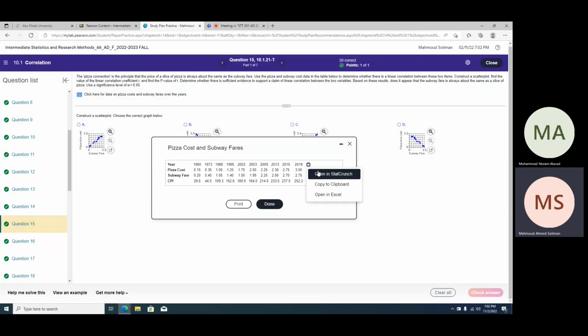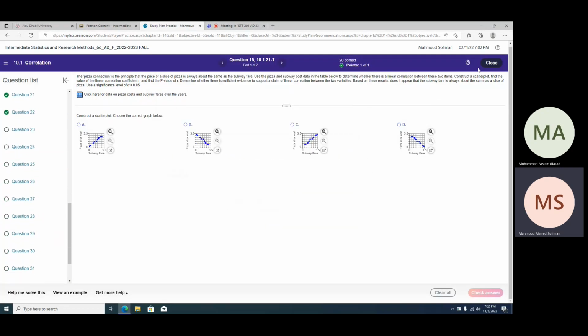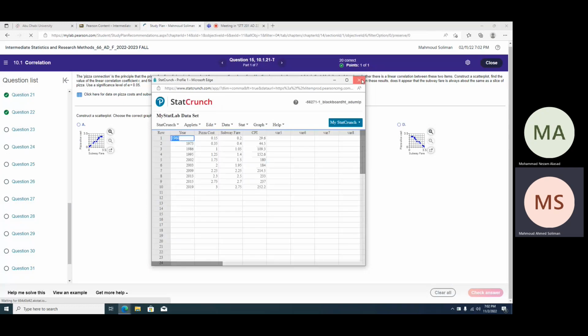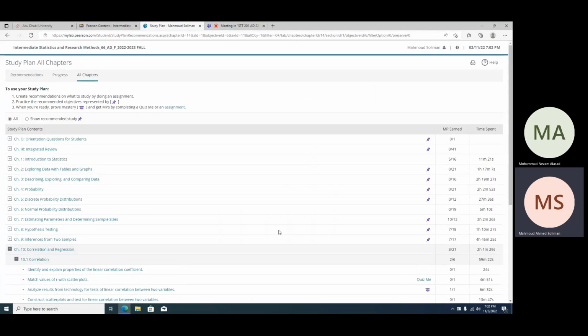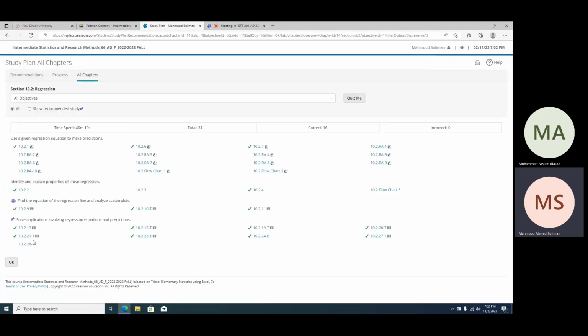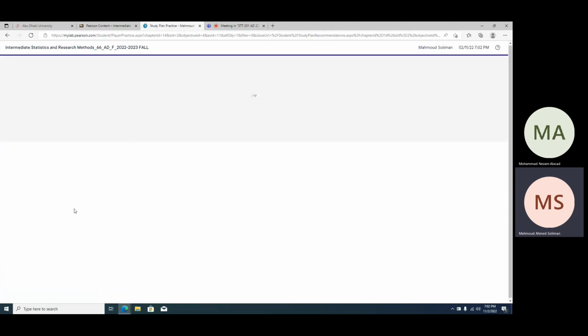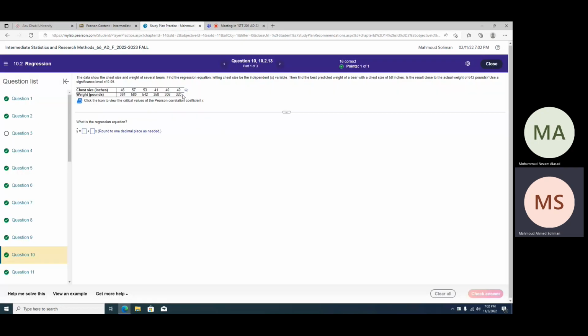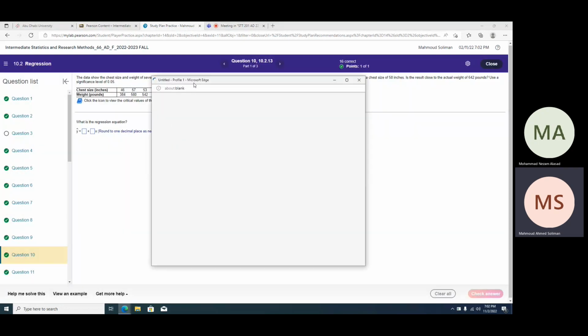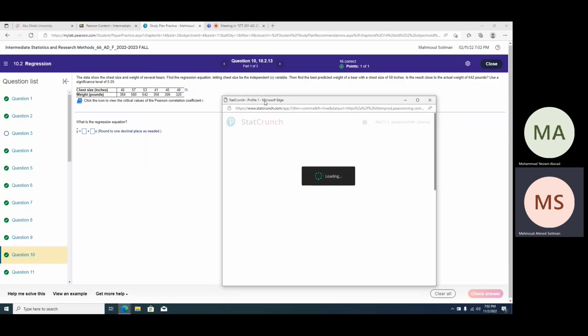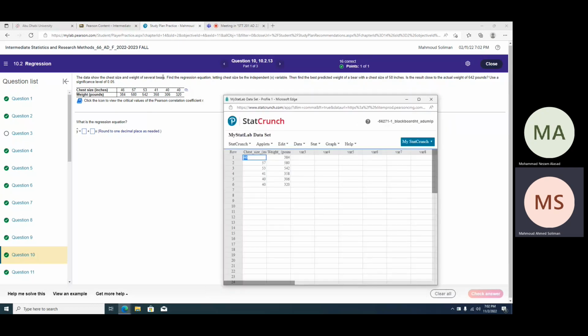Now 10.2. Let's close this one. So 10.2 regression. We'll do solve application. Let's open in StatCrunch, and we have to find the equation. So let's see, what is x?